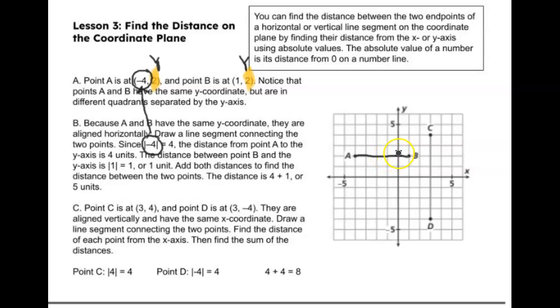And then for point B, we're going to find the absolute value of 1, because if you look at the other ordered pair where B is at, it's 1. So the absolute value of 1 is 1. I then will take 4 plus 1, which is right here, and we get 5.